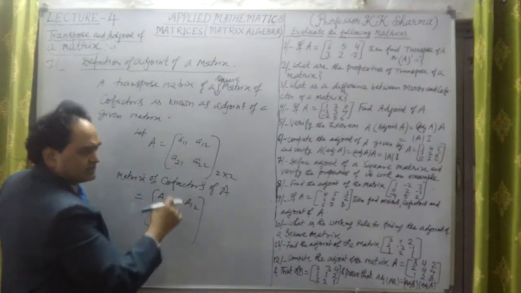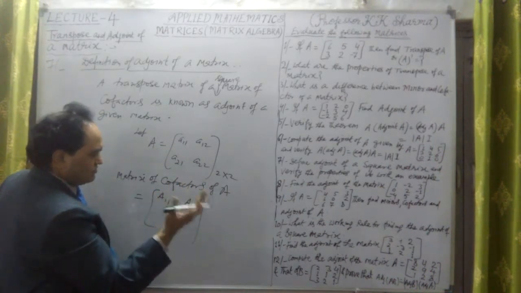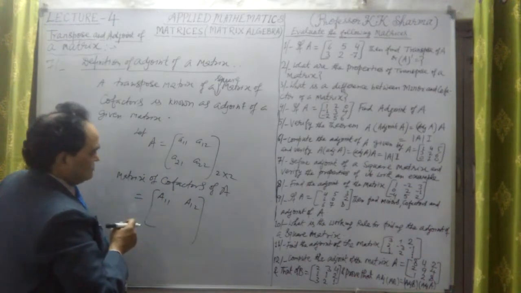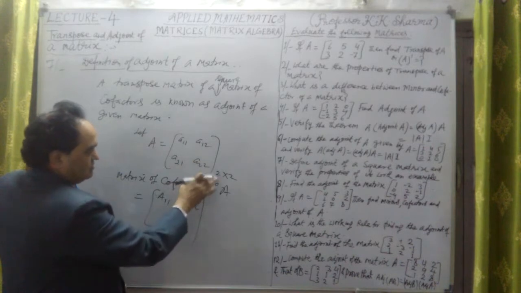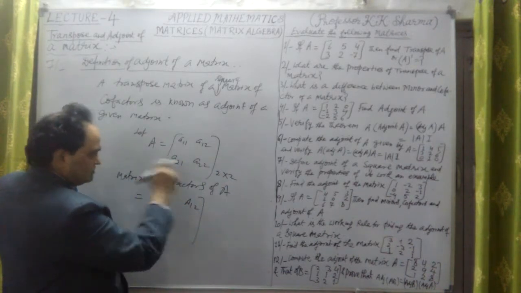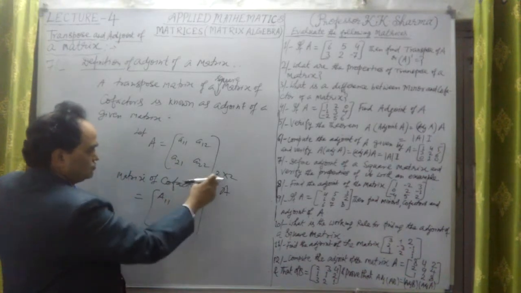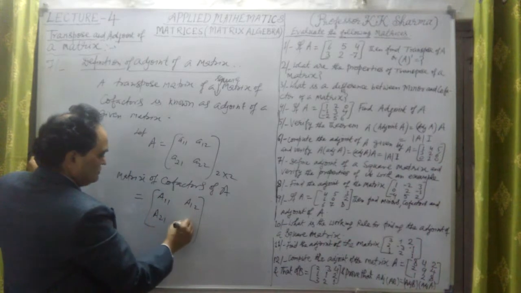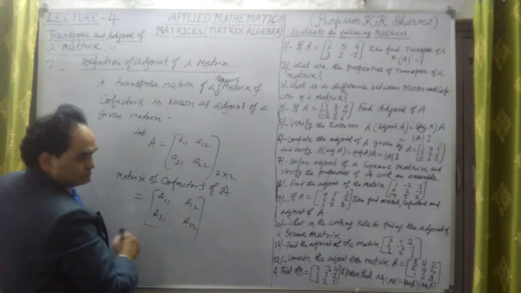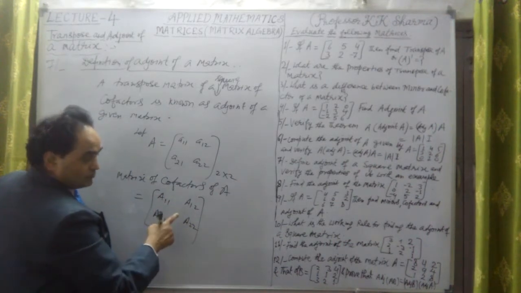Any matrix of order 3, order 4, order 5, or larger can be taken, but we have taken a simple one of order 2, with 2 rows and 2 columns. This is a square matrix here, and this is A21, A22. This is the matrix of cofactors.